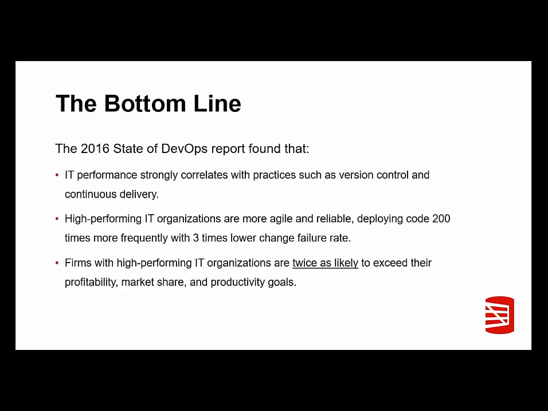There's a State of DevOps report that they do every year, and they're always trying to look at how enterprises and small companies and everybody in between works with IT, and how they can easily move changes through their software. It doesn't matter if you're selling software, or it's just line of business applications, departmental stuff, enterprise grade things that help your business function. Typically what they find is the companies that do really well, that have a lot of confidence in their IT, can respond to changes, have fewer issues, and are more agile.